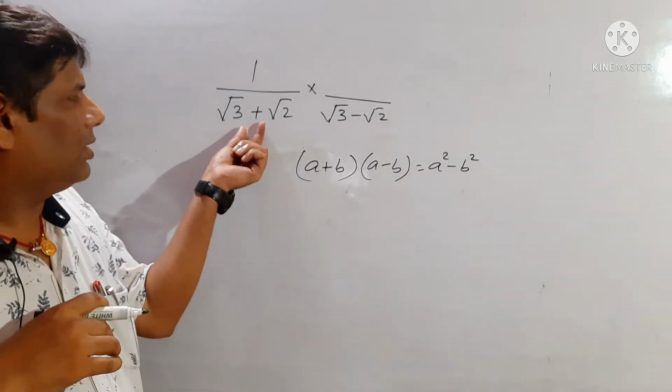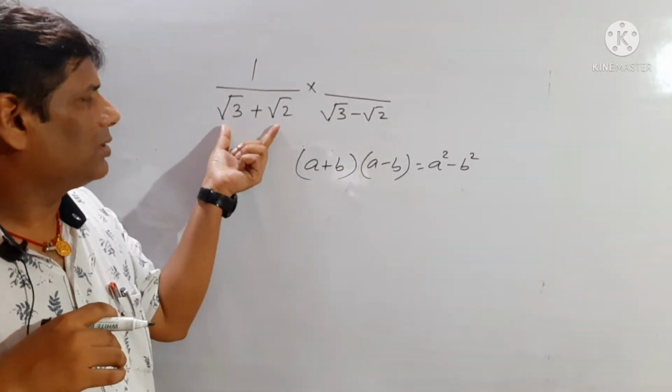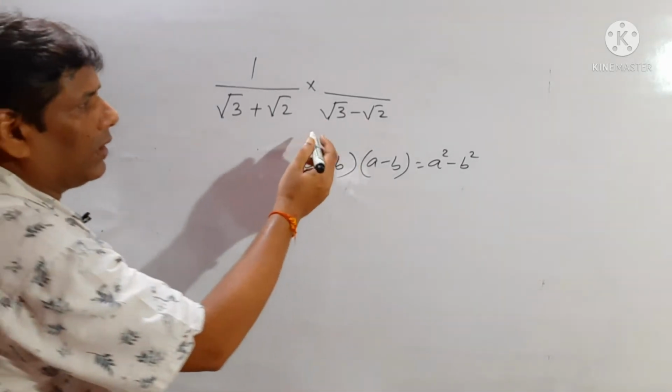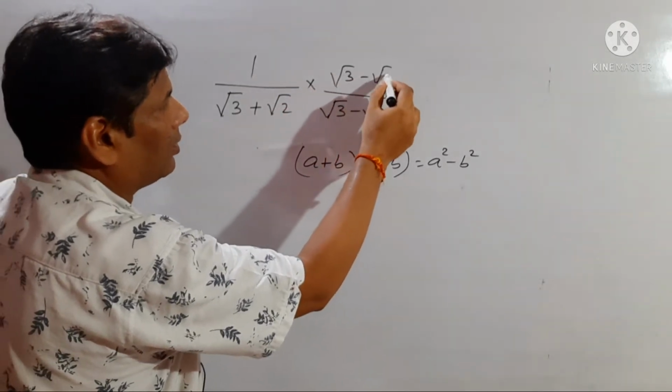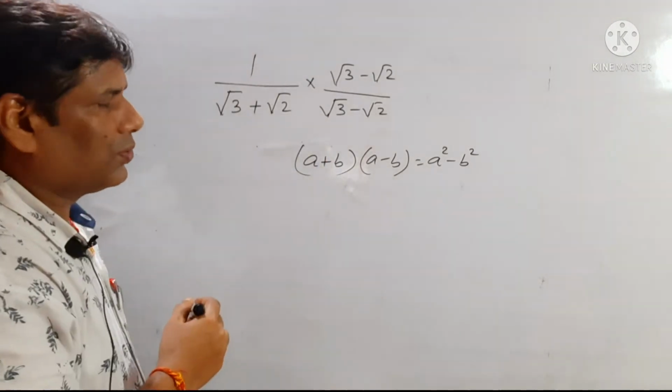So if here it is a plus sign, then we multiply it by a minus sign so that this comes in the form a plus b and a minus b. Now to equalize, we multiply the same number in the numerator by root 3 minus root 2.